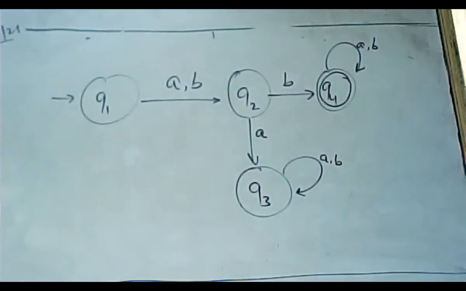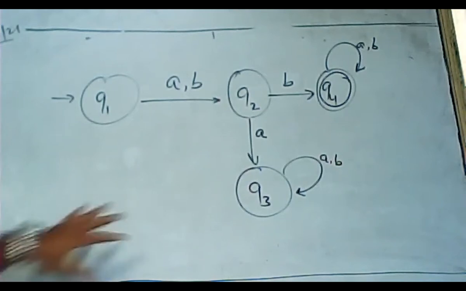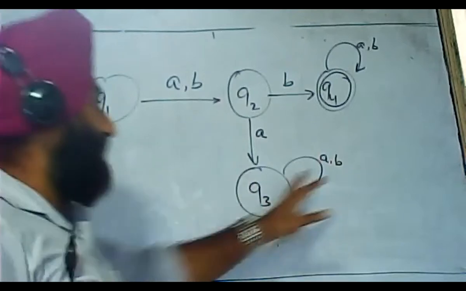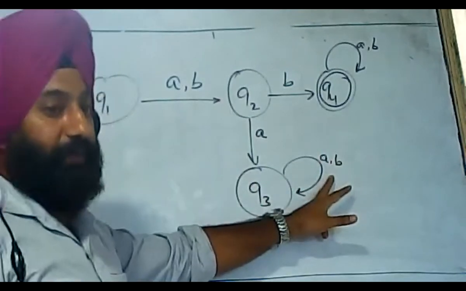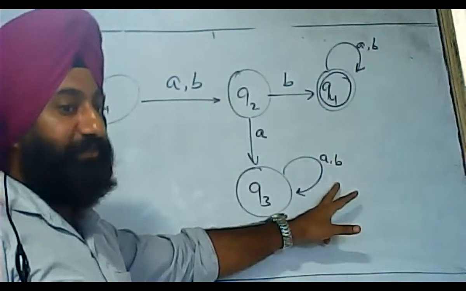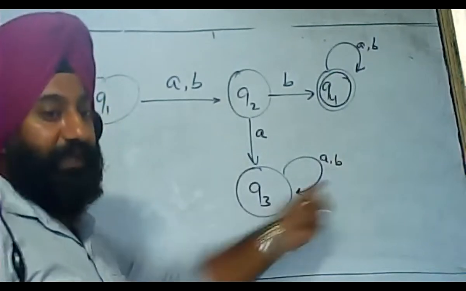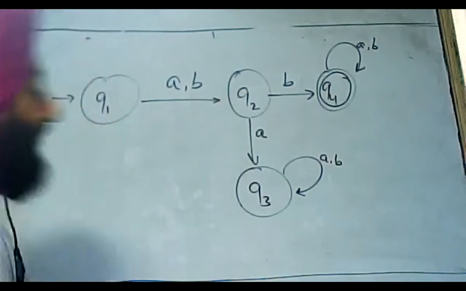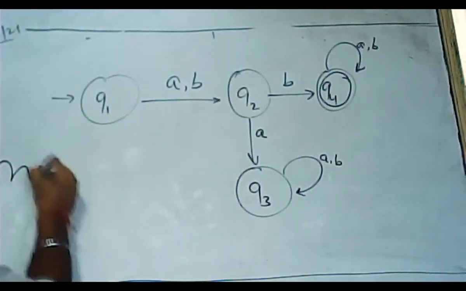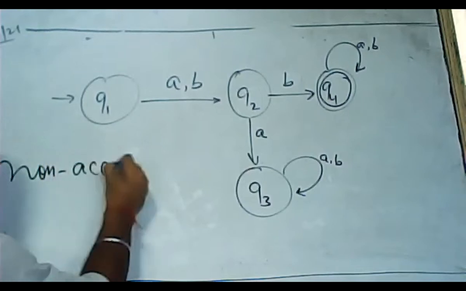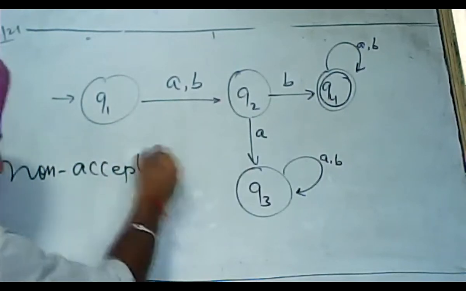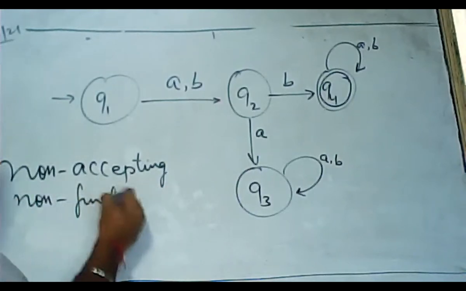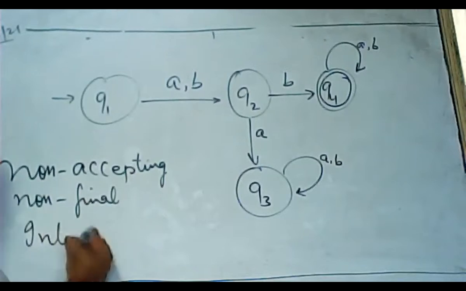Here you can clearly see that Q3 is the state which goes to itself on every possible input symbol. Every possible input symbol is A, B, and it is your non-final state, or you can say non-accepting state, or you can say intermediate state.